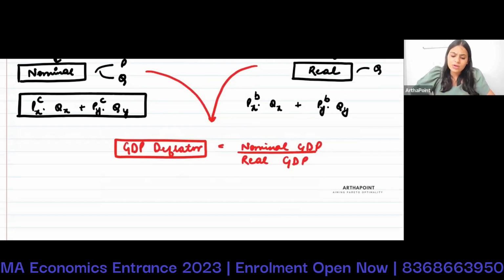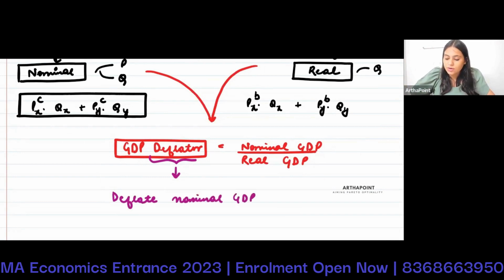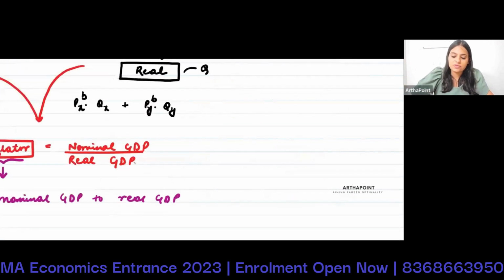So in a way, you can say that the GDP deflator is used to deflate, meaning bring down, nominal GDP to real GDP. It is going to deflate the price of the output relative to its price in the base year. And you can write it as summation PI QI in the current year upon summation PI QI in the base year.